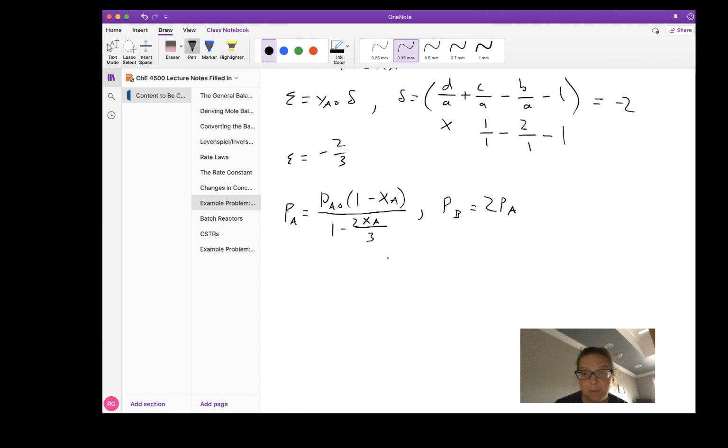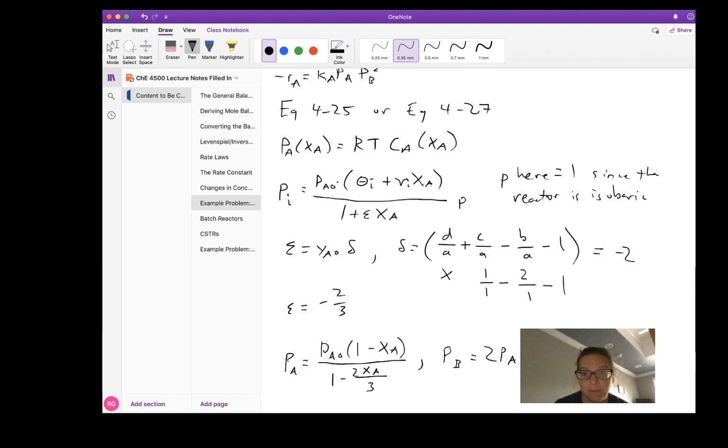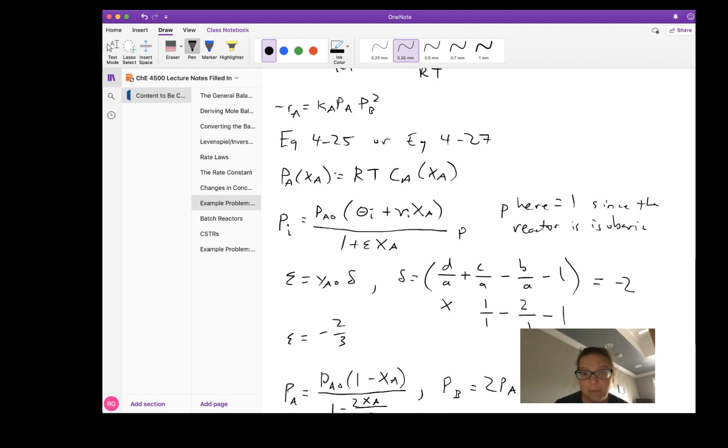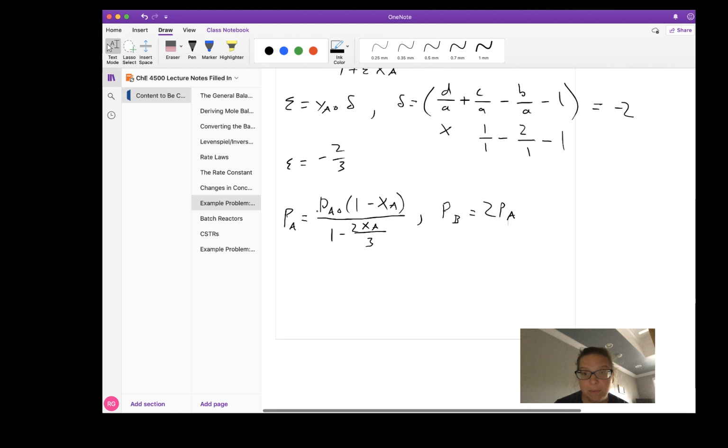So now I could take this information and substitute it into my expression for the rate law, and I would have the rate law written solely as a function of conversion. The only thing I would need here is the term for PA naught, YA naught times P naught, which we're given.